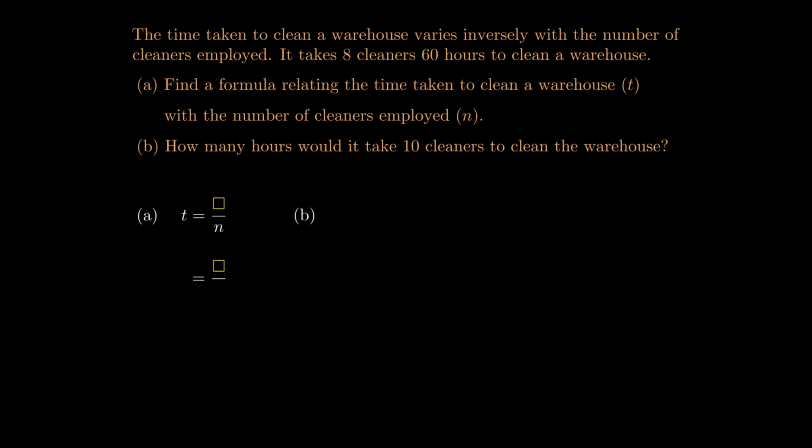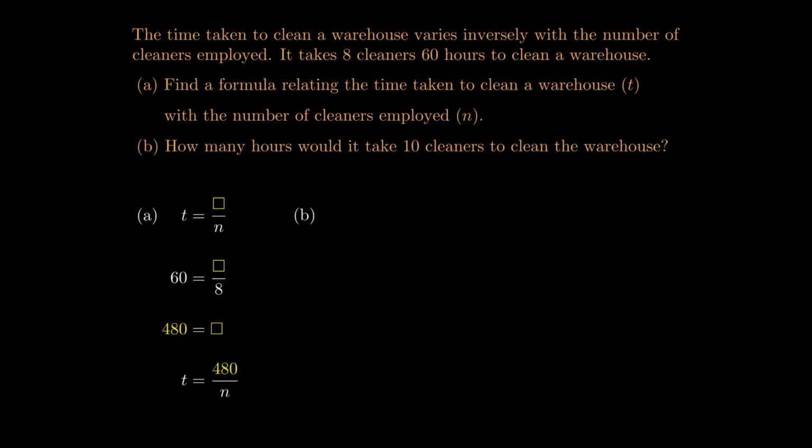So we put in those numbers, 60 into the t and 8 into the n. Multiplying both sides by 8 gives us 480 as the yellow box number. And remember, the point is that this gives us the formula that can be used for the remainder of this whole story. We can rewrite the original equation and just put in 480 in place of that yellow box number.